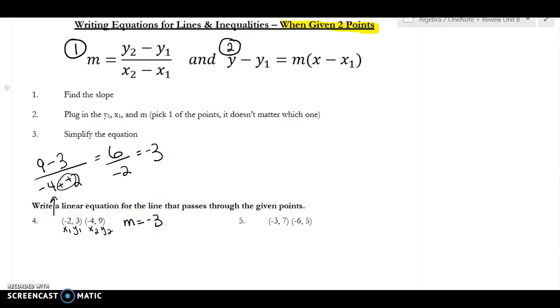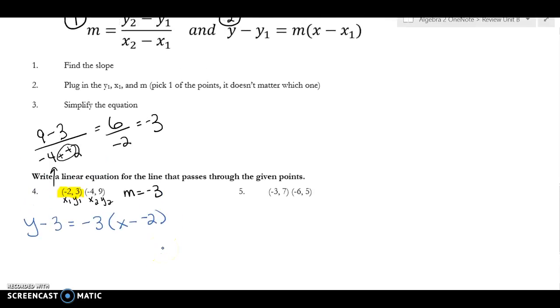Now what you do again is you pick one of the points. I'm going to pick the one that I've already labeled, x1, y1, so I have it there. And now I can go ahead and plug it in. And so I'm using my second formula, this one here. And so it'll be y minus my y1, which is 3, equals my slope, negative 3, x minus x1, which is negative 2.